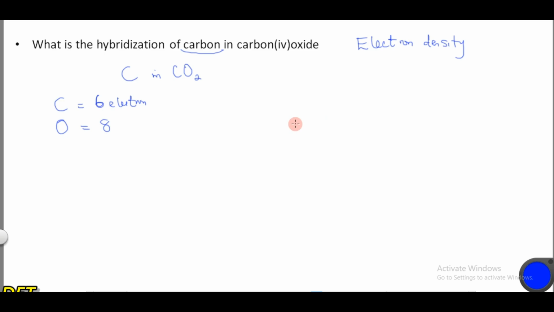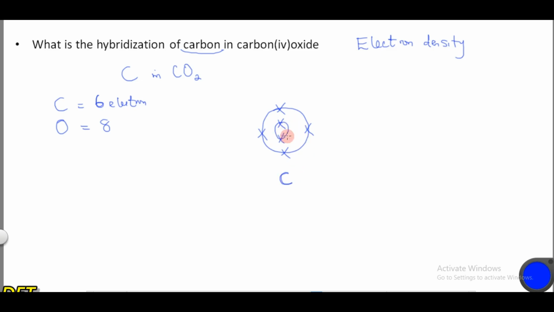So if I'm to draw out the configuration of carbon having 6 electrons, the first shell will take a maximum of 2 electrons. The second shell will take what? Maximum of 8, but there are remaining 4. So this is 1, 2, 3, 4. This is carbon, right?